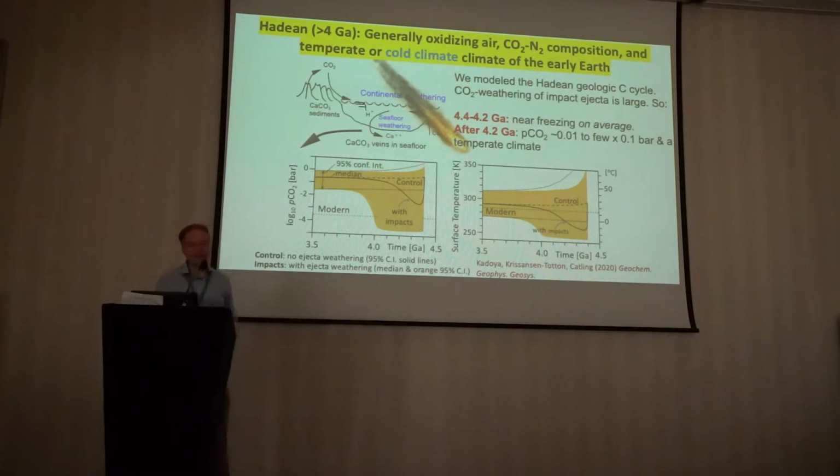And in fact, when you run these models, the control line, dashed, is what you get without the impacts, and when you add the impacts, the median solution actually makes the early Earth cold. But there's huge uncertainty, which is the 95% confidence interval shown in the orange, but the median is generally cold or temperate.